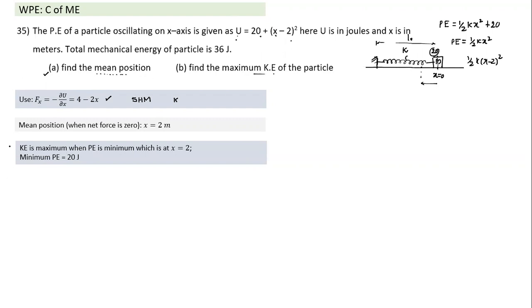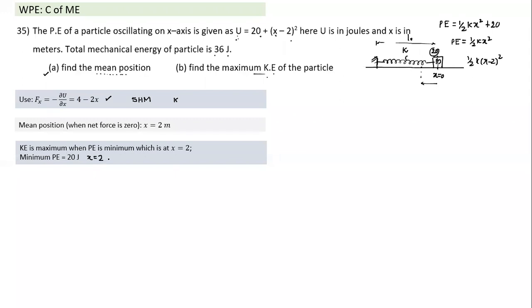And when is the potential energy minimum? This is a square term. The minimum value of this term has to be 0 only. So minimum value of potential energy is 20 when x is equal to 2. At x equal to 2, this is minimum potential energy, and kinetic energy will be maximum. So when is the kinetic energy maximum?